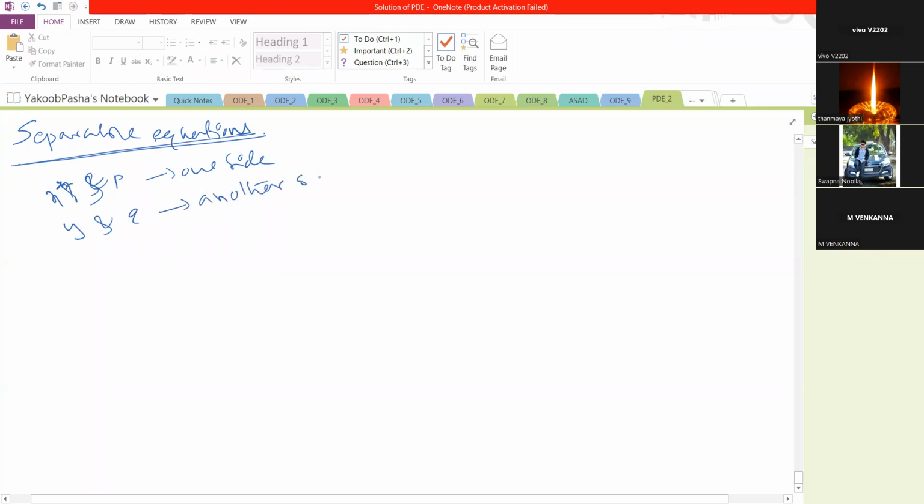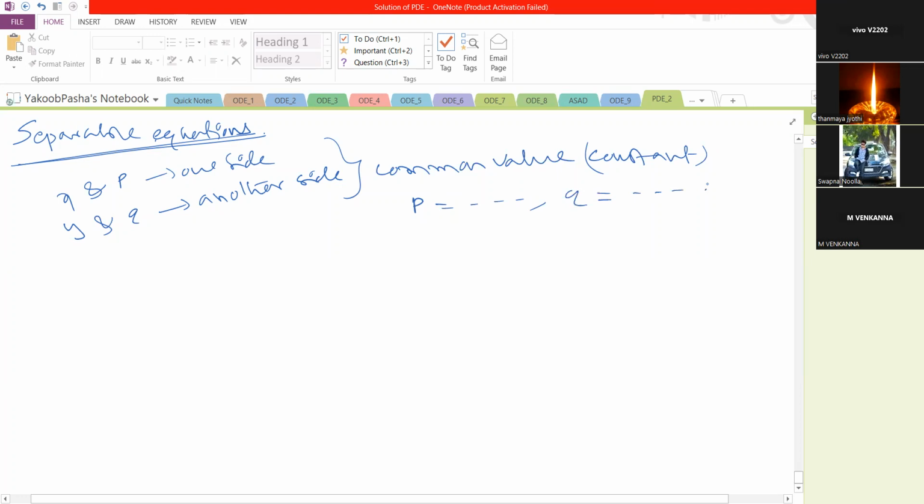Our target is to separate x, p terms on one side and y, q terms on the other side, and the common value is taken as a constant. Taking that common value as a constant, solving the first equation gives the p value, solving the second equation gives the q value. Then substitute in the same procedure, dz is equal to p dx plus q dy. We get the required solution.